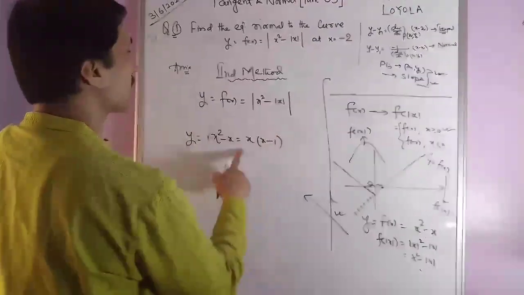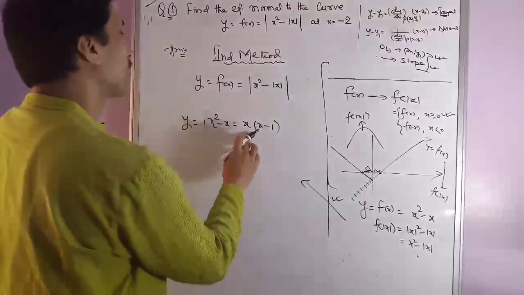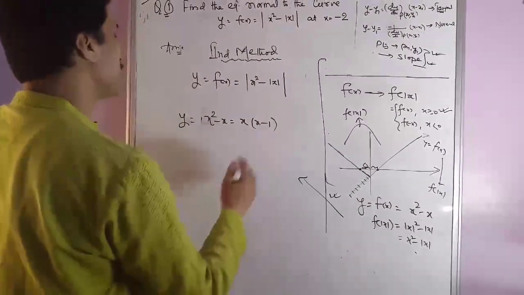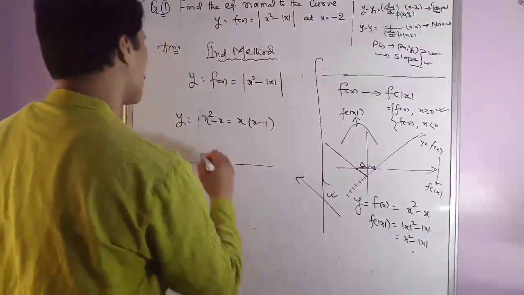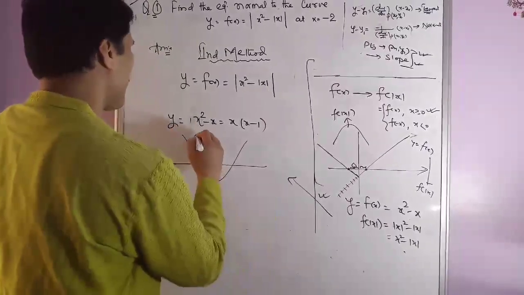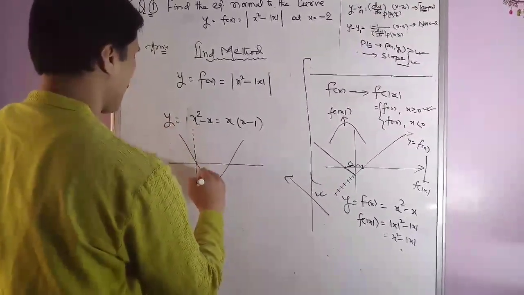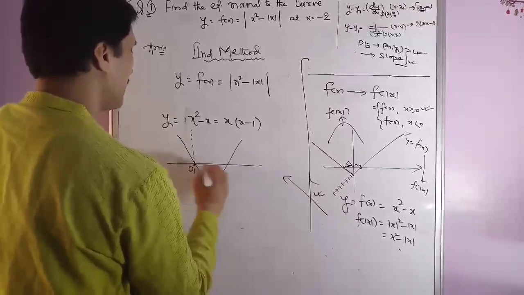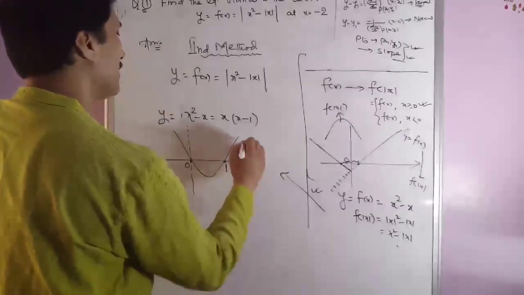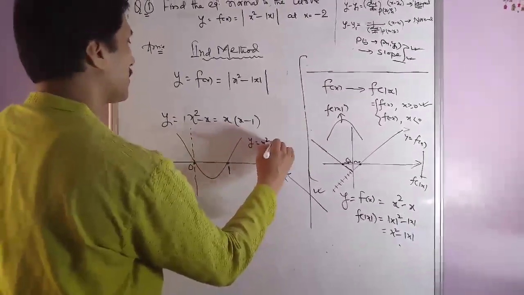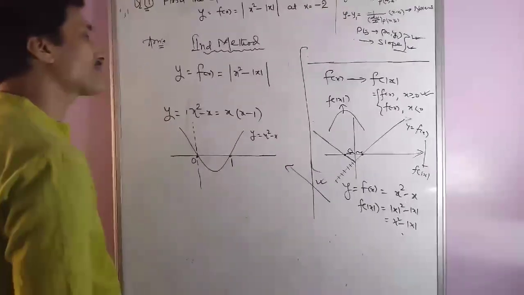The graph is like this, this is 0 and this is 1. This is the graph of y equal to x square minus x.